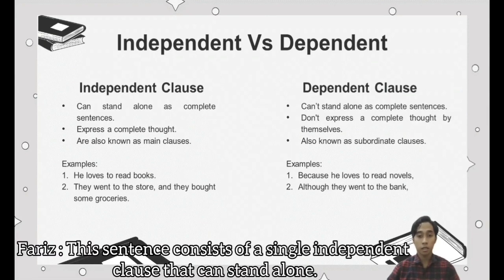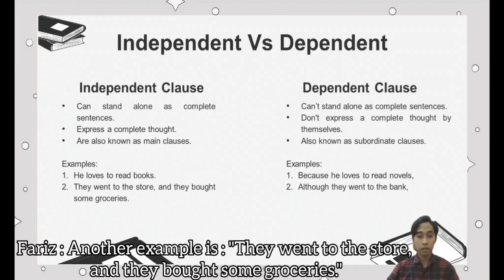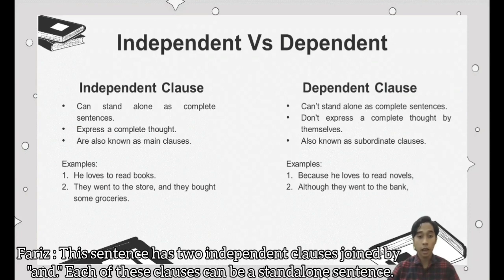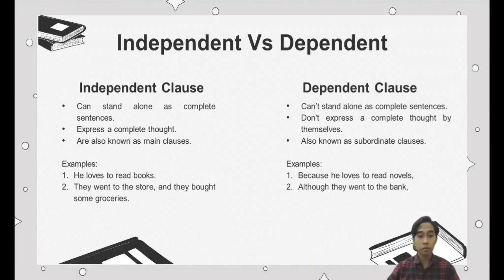This sentence consists of a single independent clause that can stand alone. Another example is, they went to the store and they bought some groceries. This sentence has two independent clauses joined by and. Each of these clauses can be a standalone sentence.